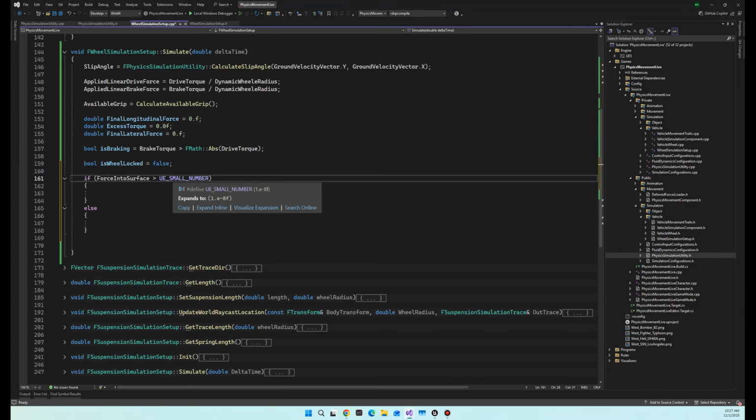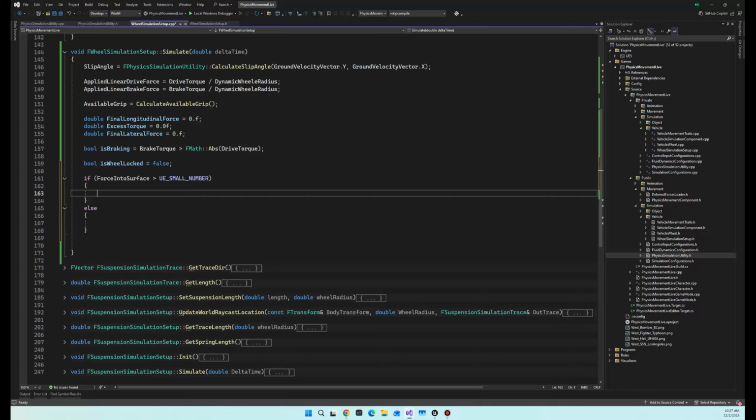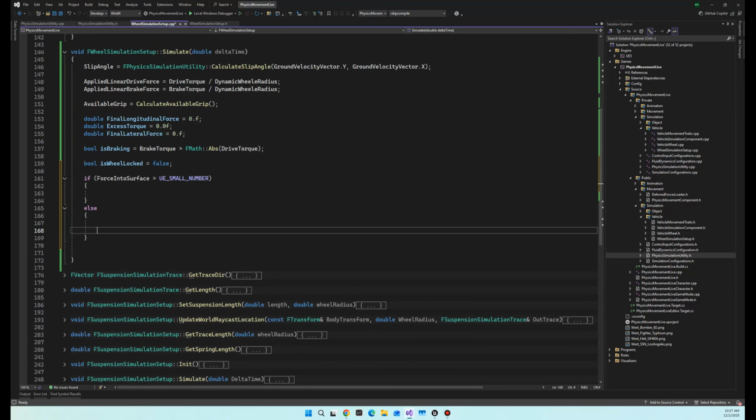This is an Unreal Engine constant that they've defined, which is how they define a very, very small number. We need to make sure that this number is greater than that. If it's greater than that, it means that we're going into a surface so that we can apply the force. Otherwise, if it's not greater than that, then we'll treat it as not being in contact with the surface.